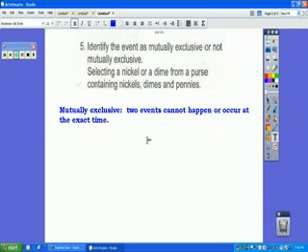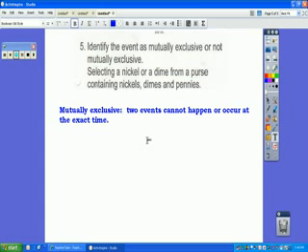So let's look at our example. Selecting a nickel or a dime from a purse containing nickels, dimes, and pennies. Is this mutually exclusive or not mutually exclusive? It is mutually exclusive. I can only select one dime or a nickel.